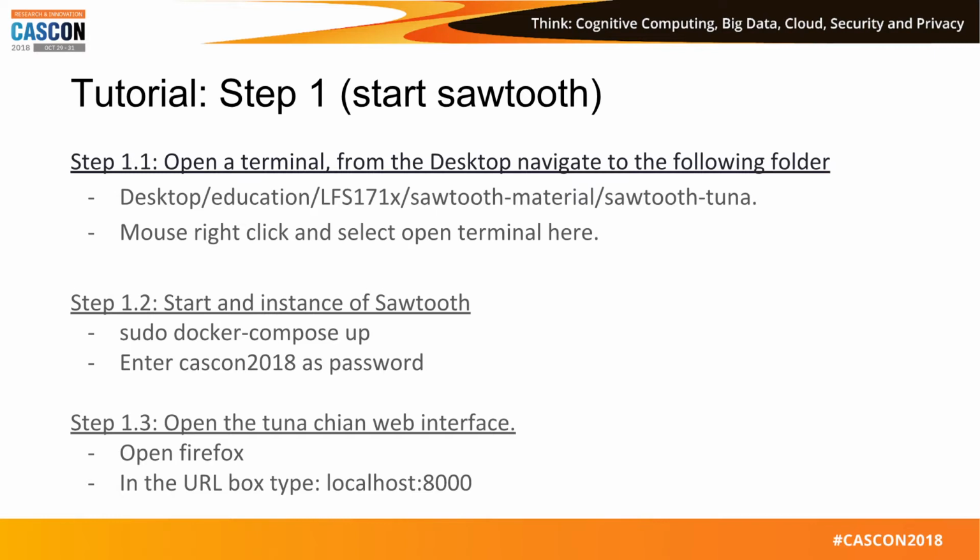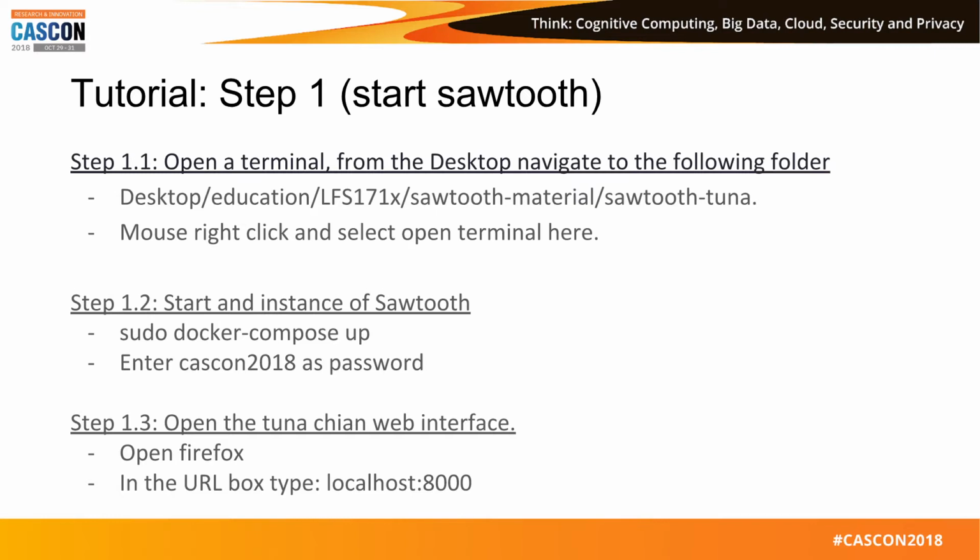That instance is setting up all the components of Sawtooth, all the components that we saw before, the validator, the processor, and all that. So that command is doing all of that. After you finish, open a Firefox web browser and type localhost:8000.